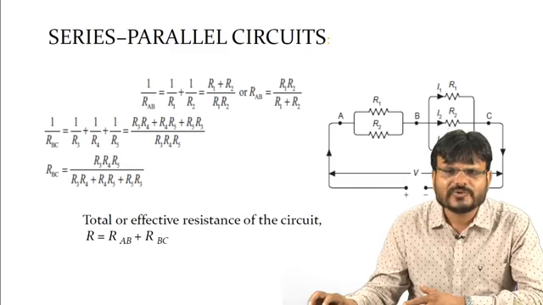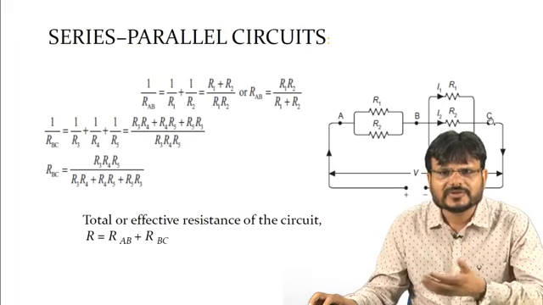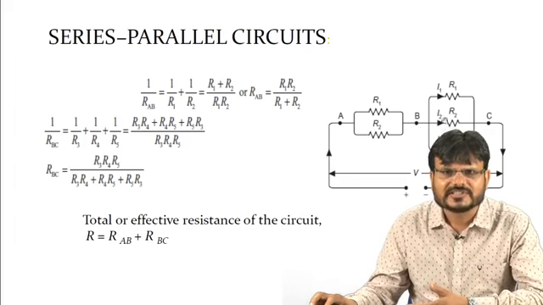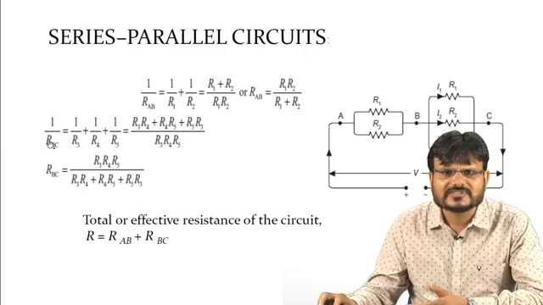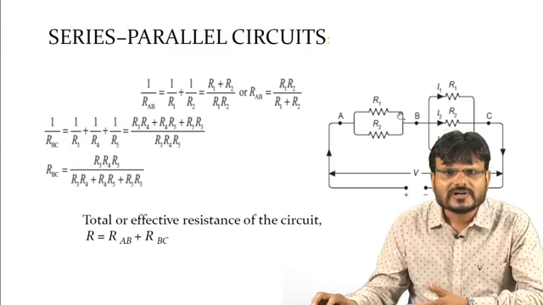Right? Then you have to find the equivalent resistance between terminal B and terminal C. So it can be denoted as, suppose, RBC. So 1 upon RBC is equal to what? 1 upon R3 plus 1 upon R4 plus 1 upon R5.